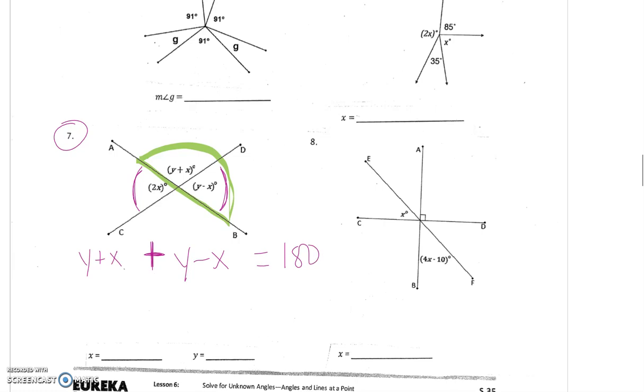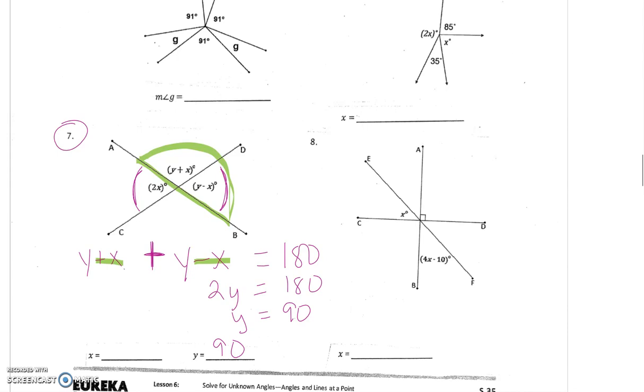And look what happens. When you try to combine your like terms, this plus x and this minus x cancel each other out, and you're left with 2y equal to 180. So what is y? 90. Y is 90.